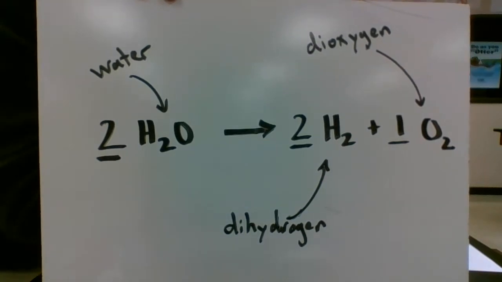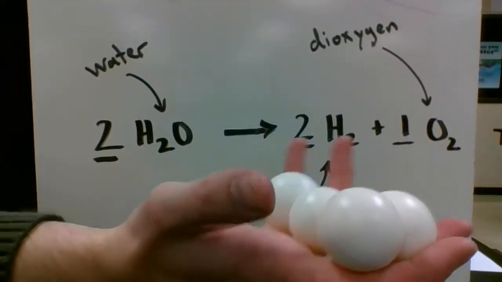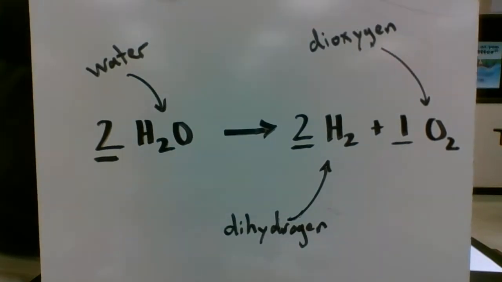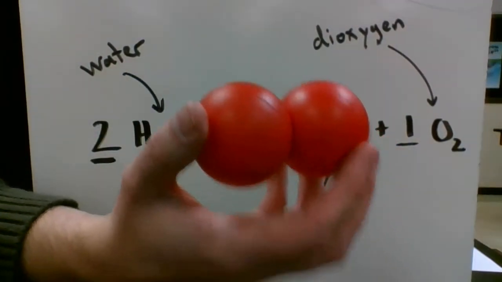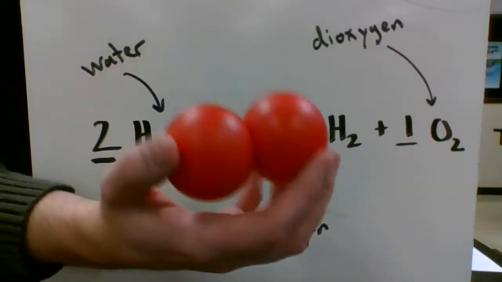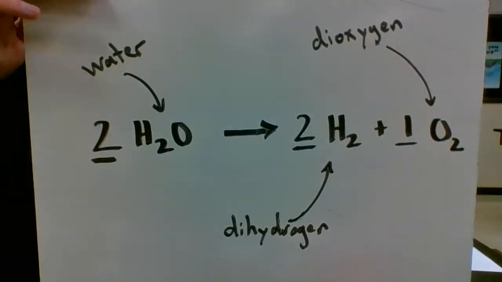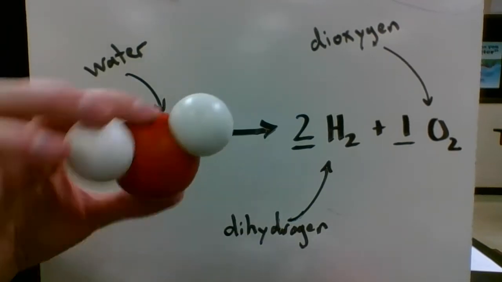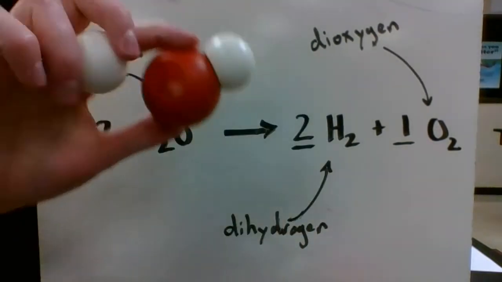I end up making 2 H2s, which is 4 hydrogen atoms, and 1 O2, which is 2 oxygen atoms. So everything is still there. The only thing that's changed is how we attach the atoms to each other, how we bond them together, how we rearrange these into something different.